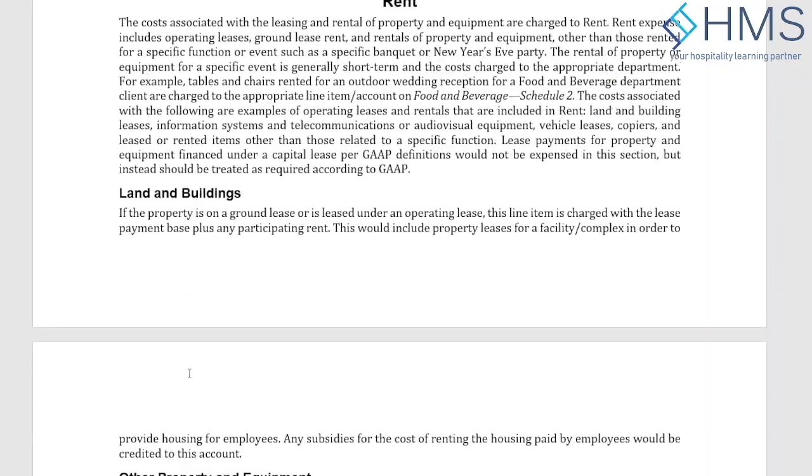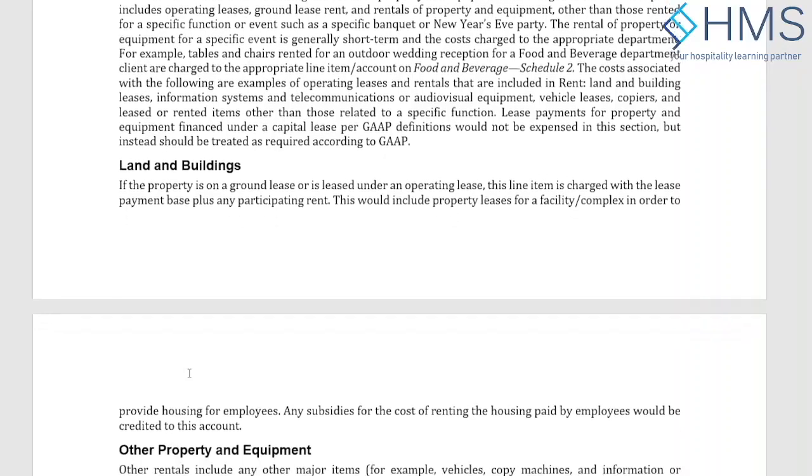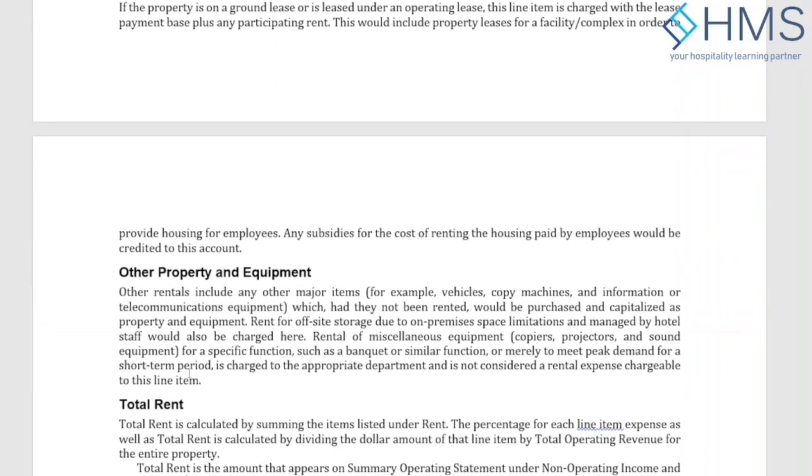And then there are non-operating expenses, like rental, divided into land and building and other property and equipment. So here, if something in equipment rental in our operating expenses is leased for a long time, then the cost will go into the non-operating department. This is where it's going to come.